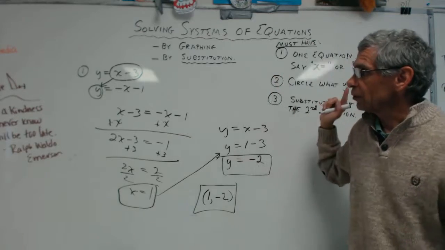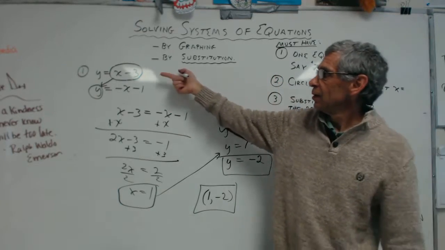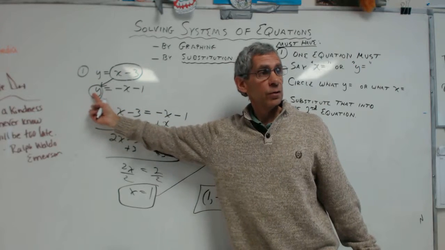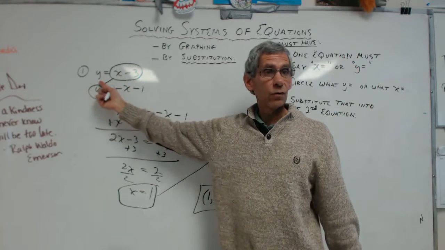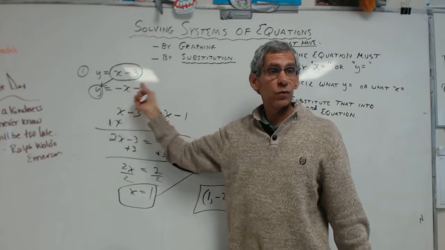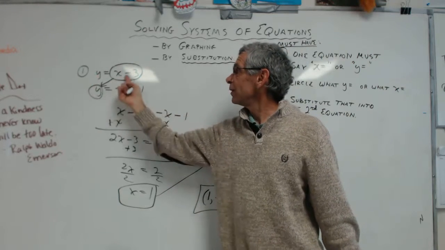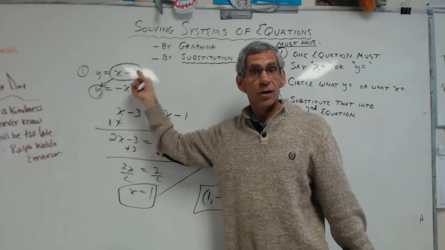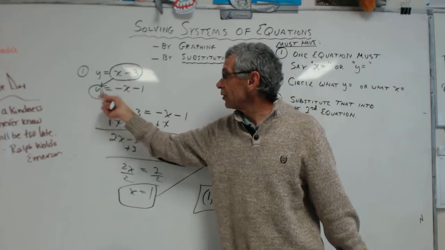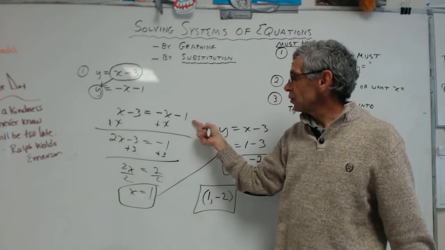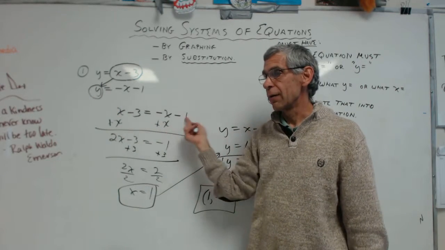Let's go back through it and review what we did. We looked for an x equals or y equals. In this case, it was y equals. We circled what y equals, and we realized that this not only equals this y, but it's the same thing as this y. So I circled this y in the other equation and substituted it in, and got one equation with only one type of variable.